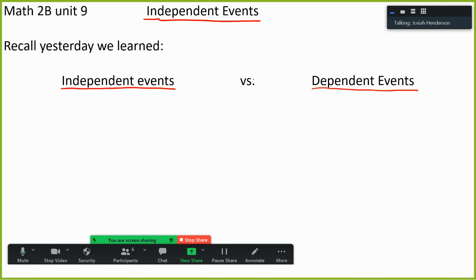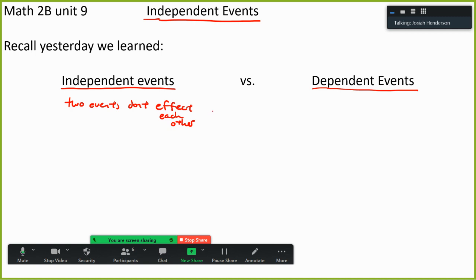Okay, so before we do that, just recall with me yesterday when we were doing independent versus dependent events. Just a reminder, independent means the two events don't affect each other. That's what independent means in general, right?